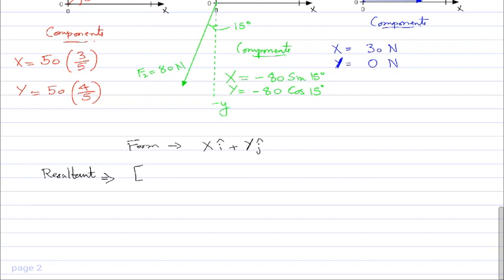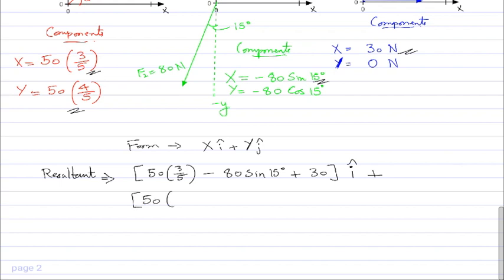So add all 3 x components, which is 50 times 3 over 5 minus 80 times sine of 15 plus the 30 newtons times i hat, plus 50 times 4 over 5 minus 80 times the cosine of 15 plus 0, because there's no y component for F3, times j hat, and never forget the units. So this is newtons.